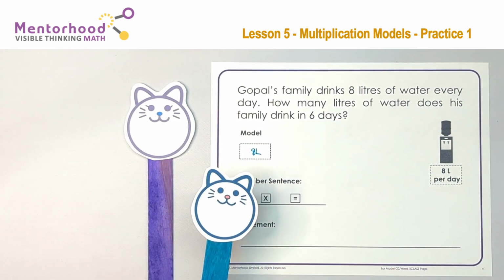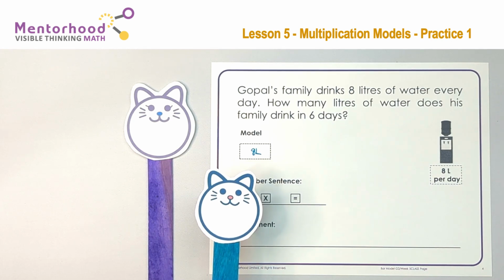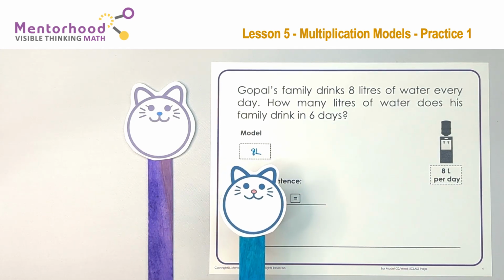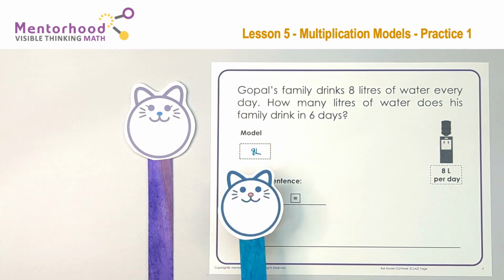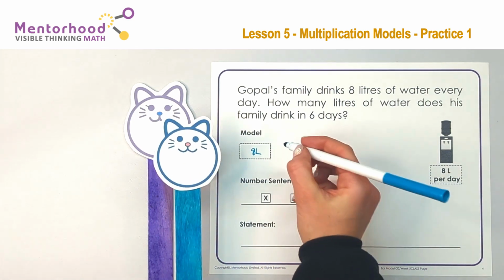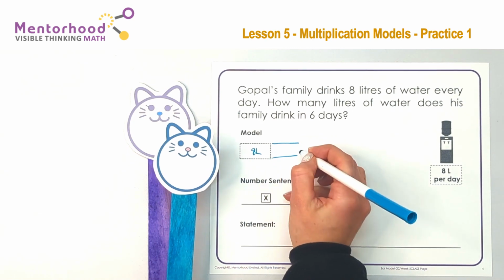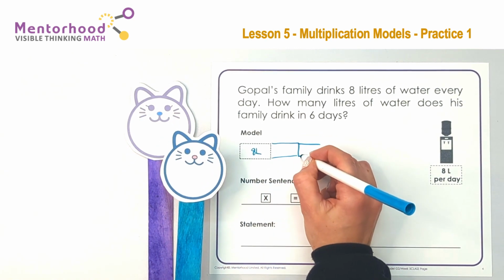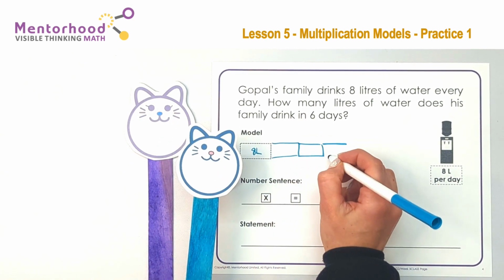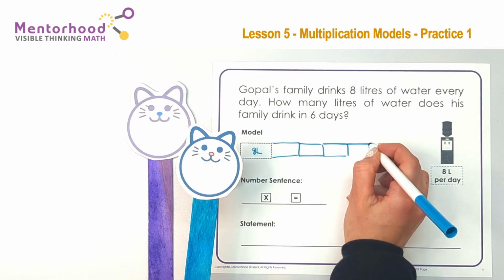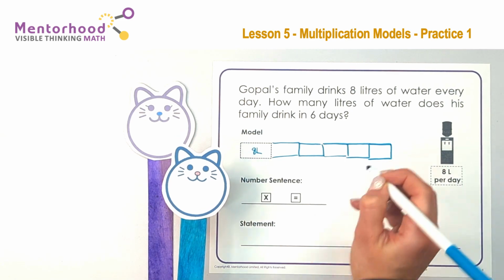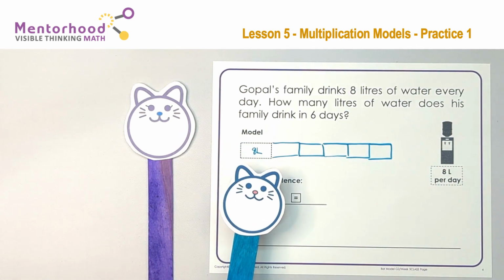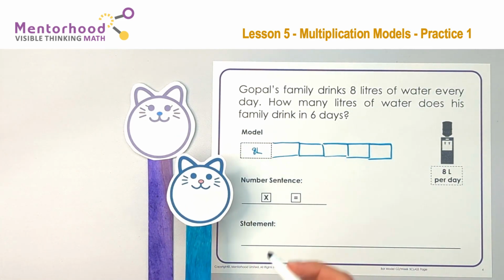And how many days are we talking about? 6. So that means we're going to need 6 eights. 6 groups of 8, one for every day. So there's an 8. There's another 8. 3, 4, 5, 6. Okay, and let's put in 8 liters into each one of those.